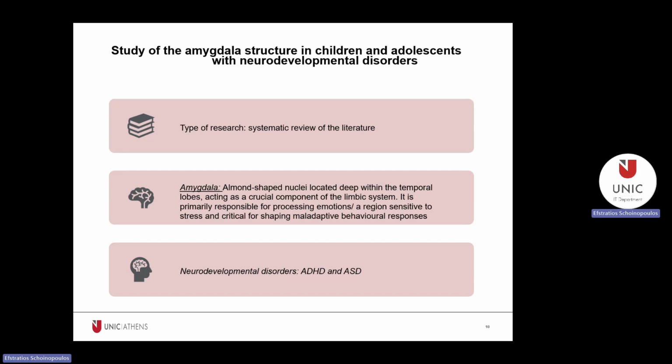The neurodevelopment disorders we are going to study are ADHD and ASD in pediatric patients. Adolescents are of course included, and the purpose is to clarify, to observe, and to highlight any correlations between the anatomy of the amygdala and those neurodevelopment disorders.